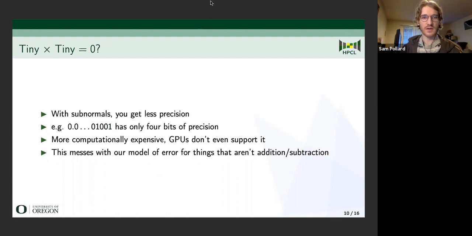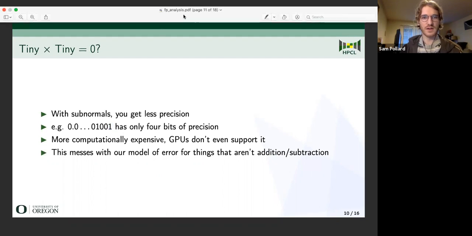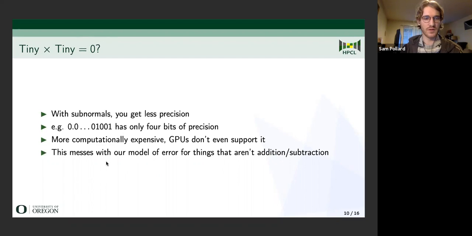We ran out of bits. There are no more bits. Everything to the right of this was already used for the rest of the floating point number. So we are running off the cliff of precision.